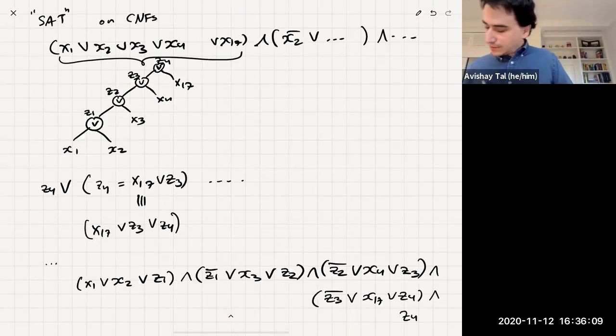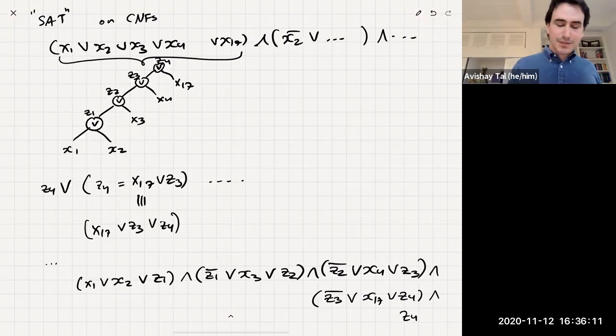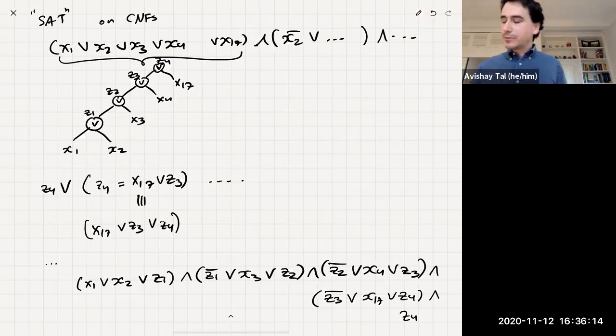I think it's something like this. Maybe I made a mistake. Sorry that I'm not prepared. But the main point is that you can get this reduction from SAT to 3SAT.